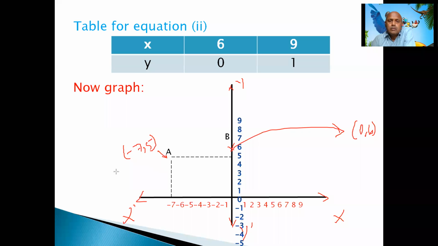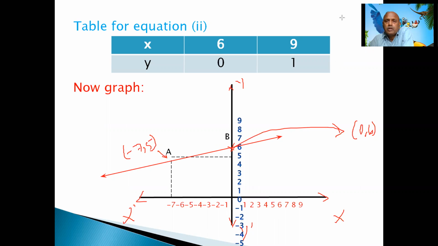Then plot the next points: 6, 0 is here and 9, 1 is here.